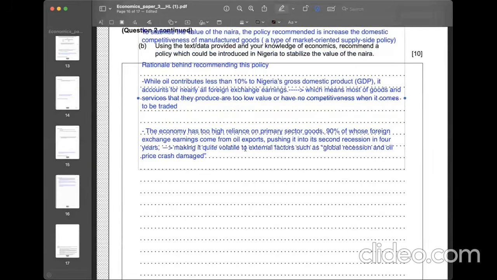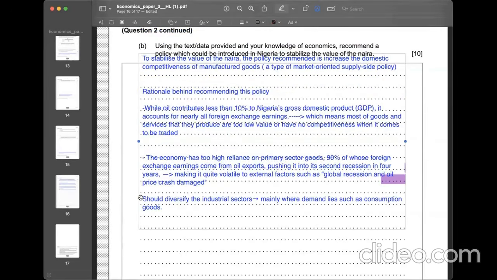Also, the economy has too high reliance on primary sector goods, as I've just pointed out, 90% of whose foreign exchange earnings come from oil exports, as the information from the text says. So it is pushing the country to be much more volatile to external economic factors, such as the global recession or things like that.